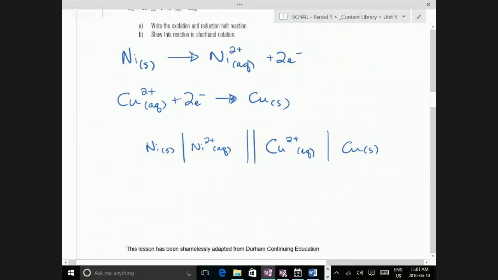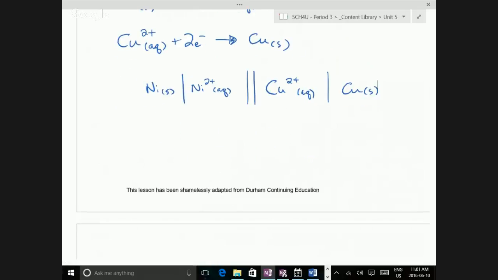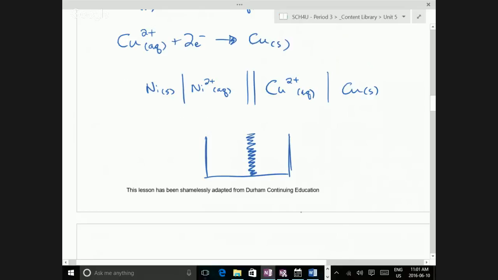Now, if I would actually build this, I would have to have a container with a salt bridge between the two. On this side, I'd have a plate. What would that plate be made of? It'd be nickel. And what would be in solution around it? Nickel ions, and we could say sulfate.